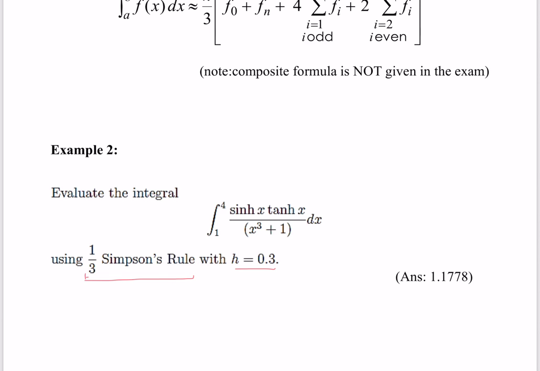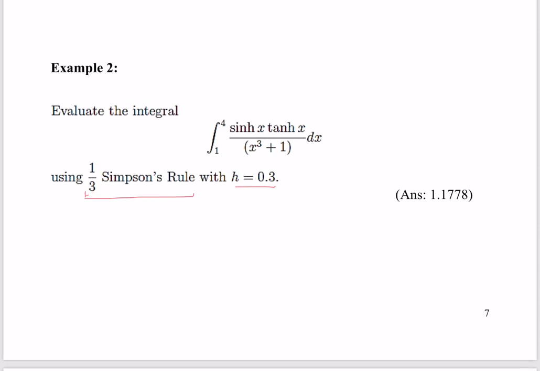For this example the answer is given as 1.1778. I hope you still remember the Simpson rule, and therefore with h equal to 0.3, the number of subintervals is n equal to (4 minus 1) divided by 0.3, which is equal to 10.